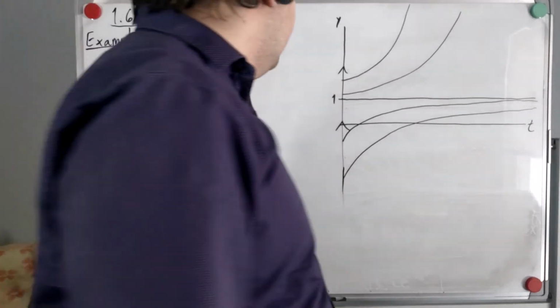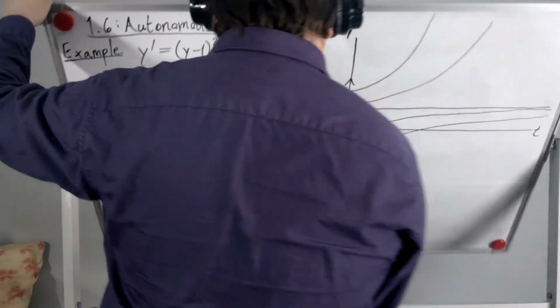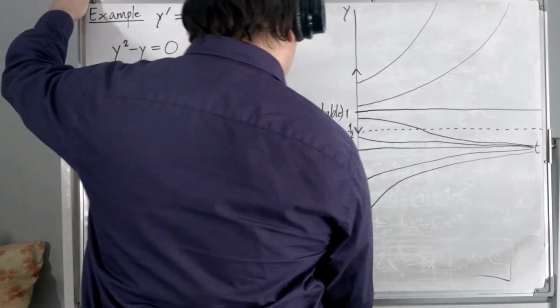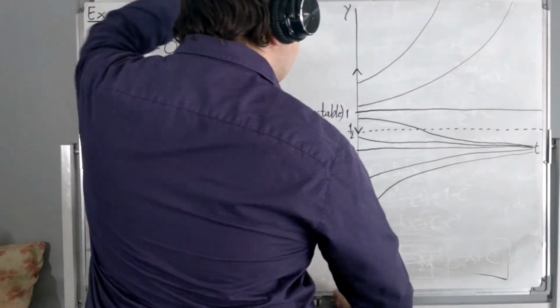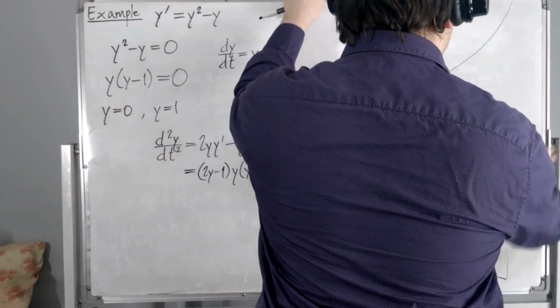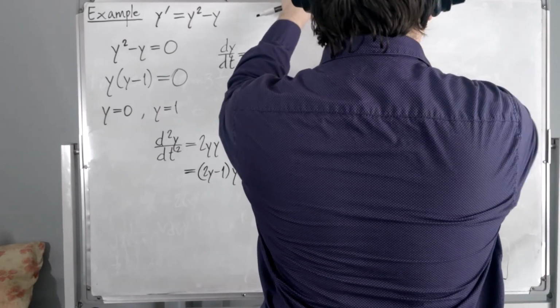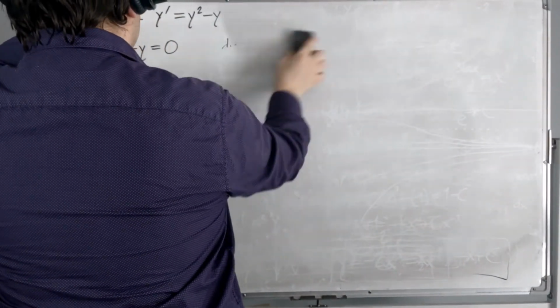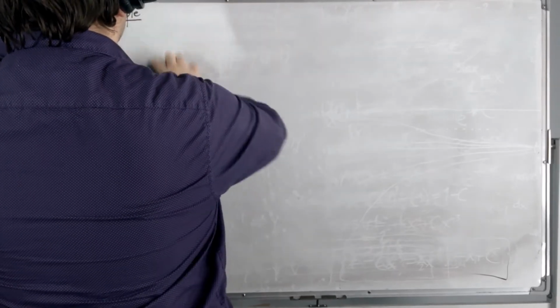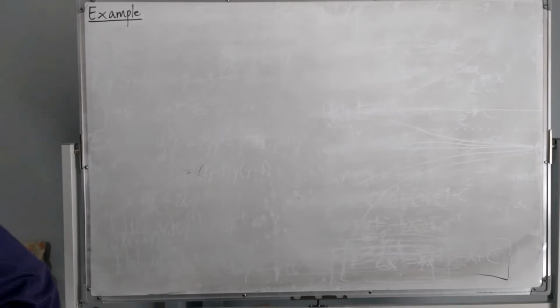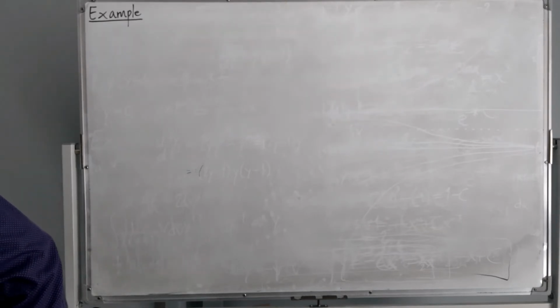So let's just talk about an application of how this could be used in, well, applied math or biology. Let's suppose that you have y denoting the population of a certain species at time t.